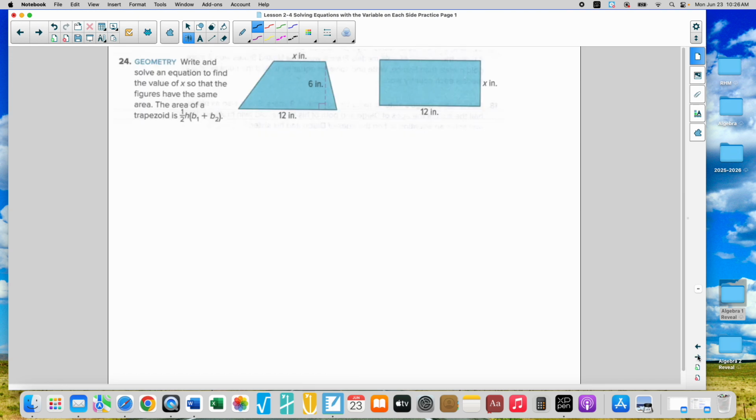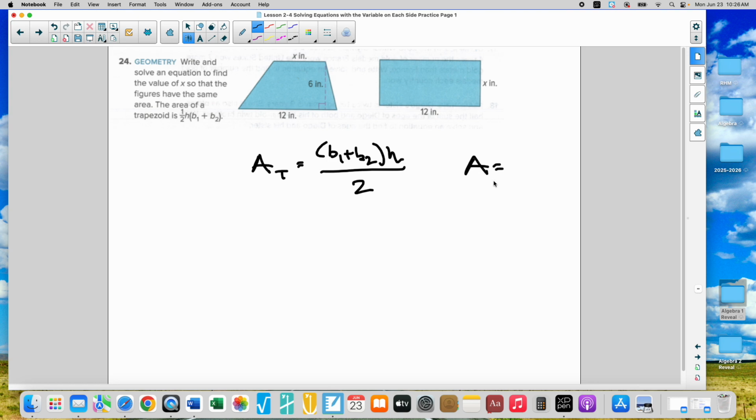24. Write and solve an equation to find the value of x so that the figures have the same area. I know what the area of a trapezoid is: base 1 plus base 2 times the height, divided by 2.